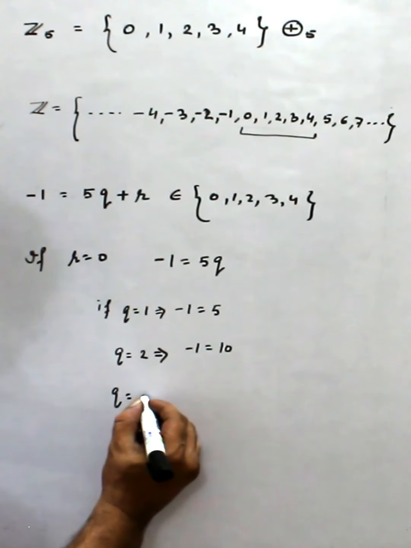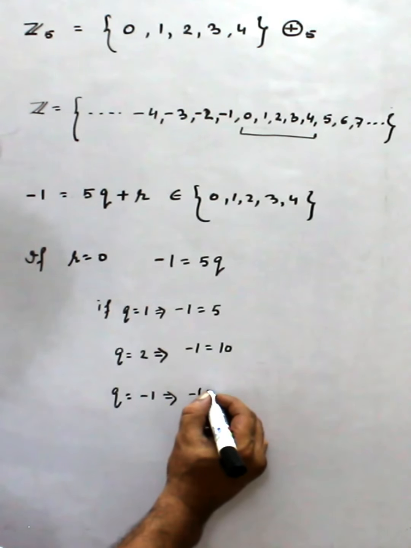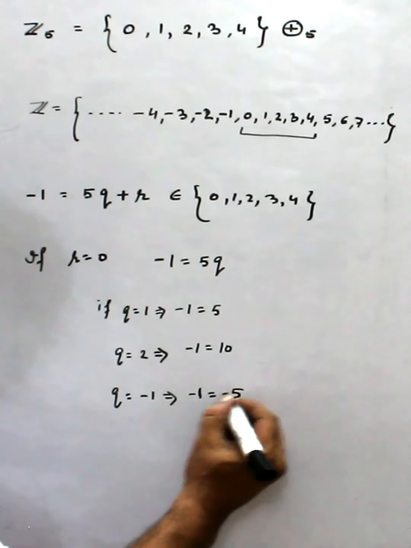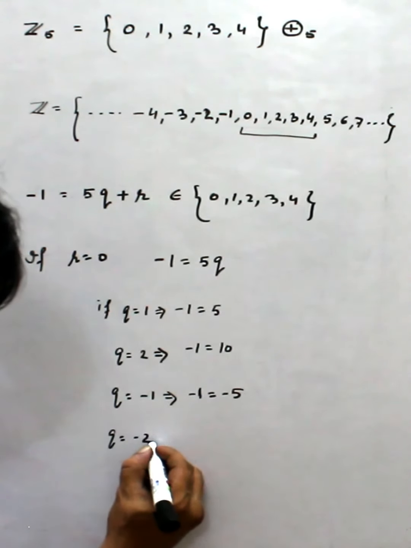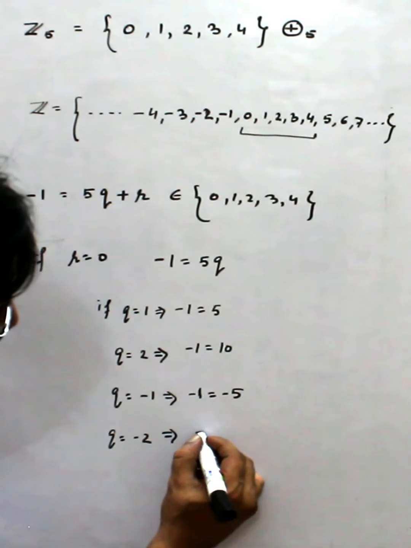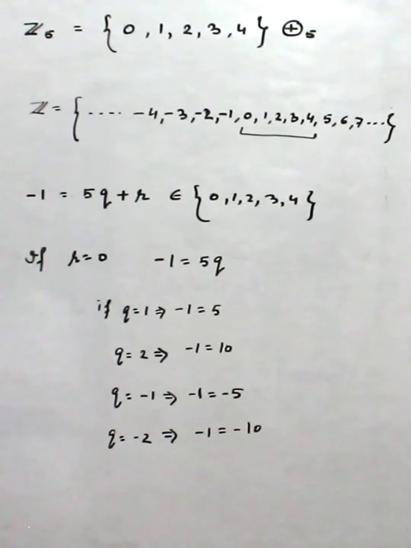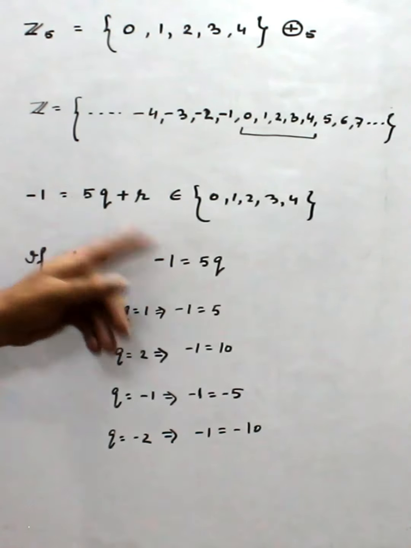If I take q equal to -1, then this becomes -1 equal to -5. This is also not equal. If I take q is equal to -2, then this becomes -1 equal to -10. So for r equal to 0, no integer q satisfies this equation.